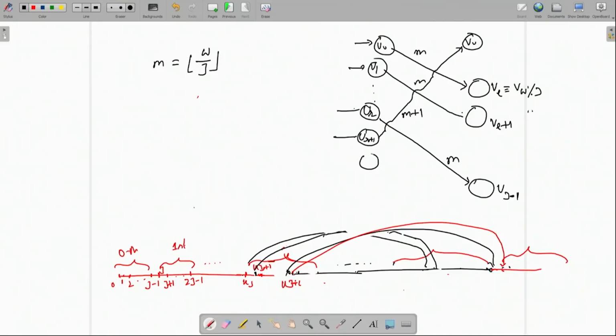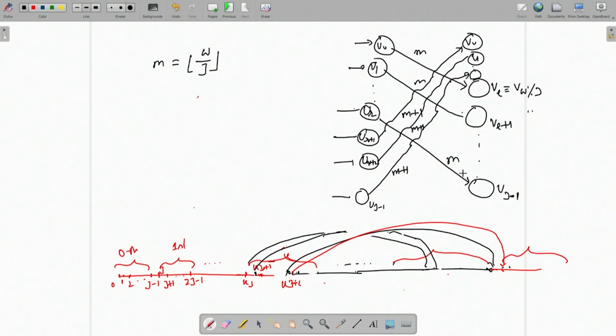So UR plus 2 will go to the next guy, V1, with the same M plus 1, dot dot dot, finally the last guy, UJ minus 1, sorry, will go here with M plus 1. So there will be one set of edges with M number of delays, and another set of edges with M plus 1 number of system delays.